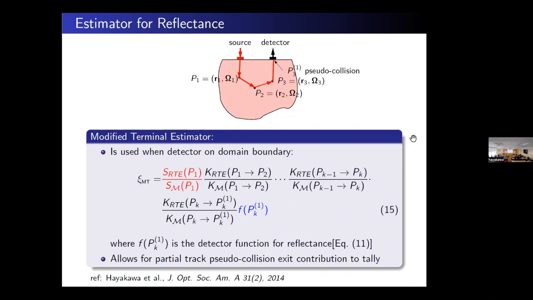So I'll show you the formulation of what C is for reflectance. We use this modified terminal estimator. It's called modified because there's a terminal estimator, and what we had to do for biomedical optics problems is that we have these photons making their way through the random walk.